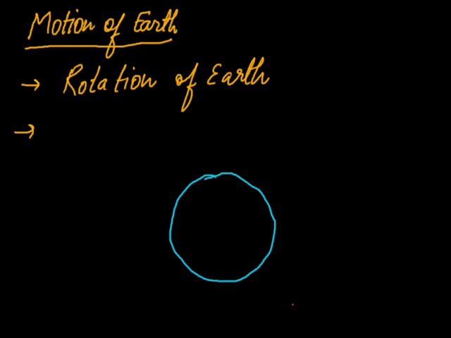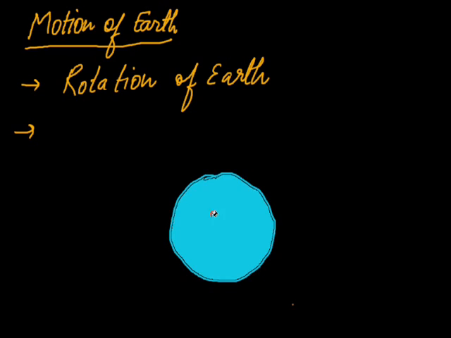Our planet is 70% water on the surface, and then we have a few continents. How many continents? Yes, there are 7 continents, and we live in Asia.